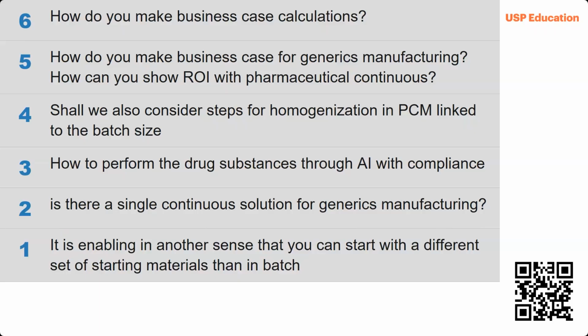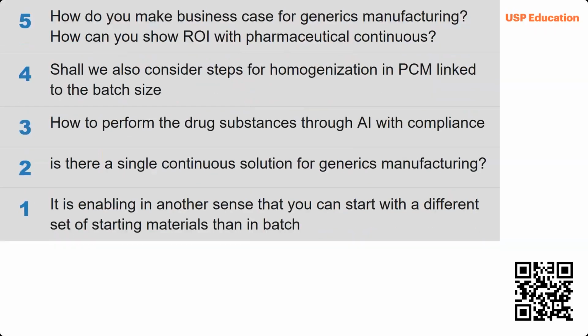Usually you have high value products, and they make sense to transfer for low volume applications, almost like rare disease products. The other way around, if you have a high volume but maybe lower value product, you make the business case due to the volume and the productivity. So there's not a straight answer. It depends on what the generic looks like.